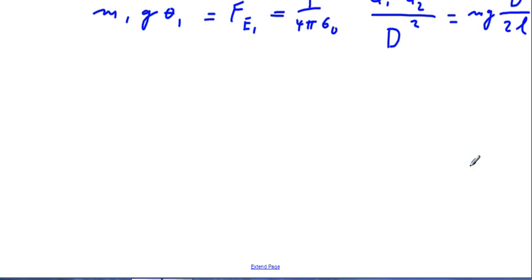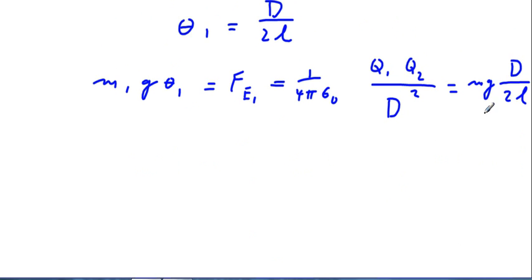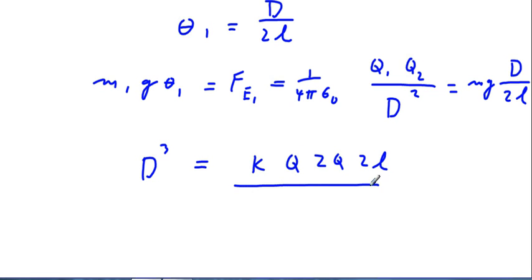All right, so we're going to rearrange this equation and say D cubed is equal to 1 over 4 pi epsilon naught, we'll make that a k, Q, 2Q, 2L divided by mg.